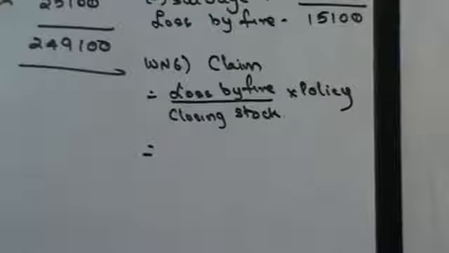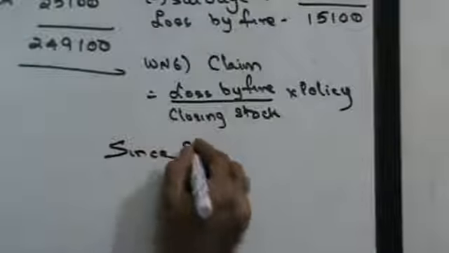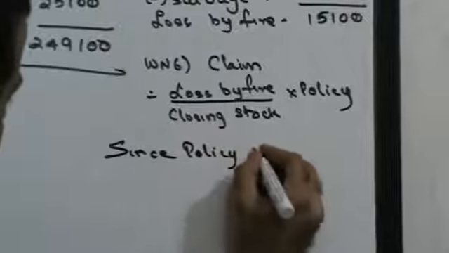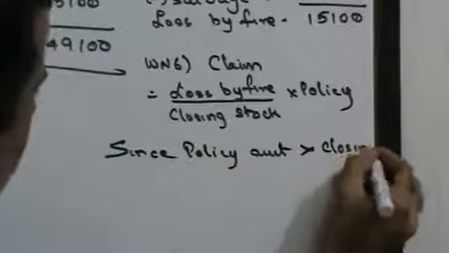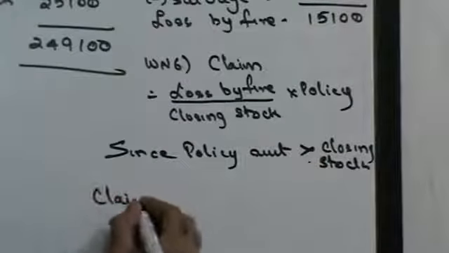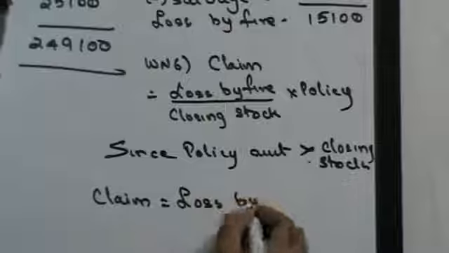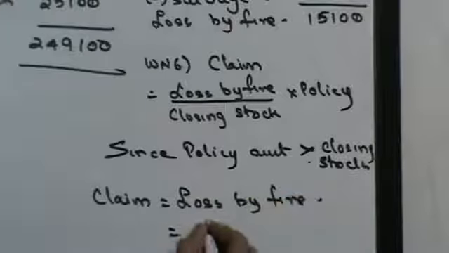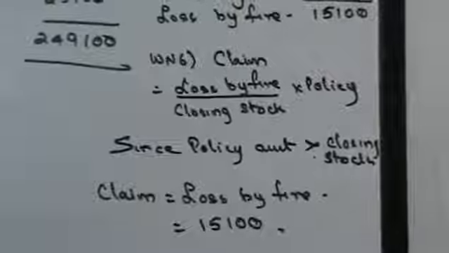Since the policy amount is greater than closing stock, the claim will not be calculated by the formula, but the claim will be the loss by fire. Loss by fire is 15,100. So my claim will be 15,100.